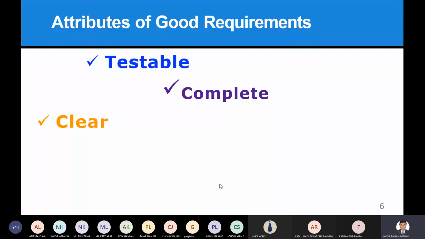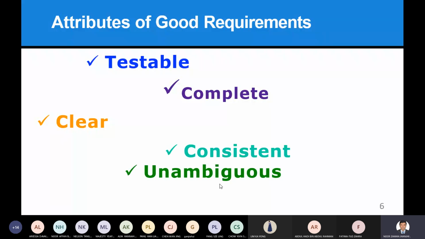If the requirement we collected is testable, fine. It's complete, fine. It's clear and understandable, fine. It is consistent, fine. There is no ambiguity, fine. And we can measure the requirement, fine. So these are a few of the attributes.